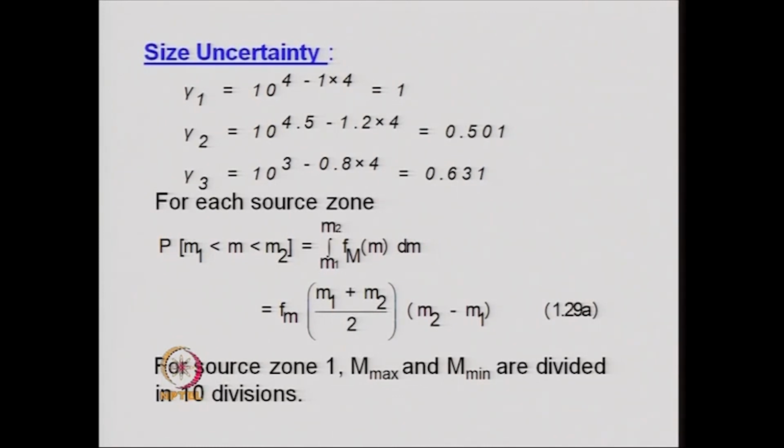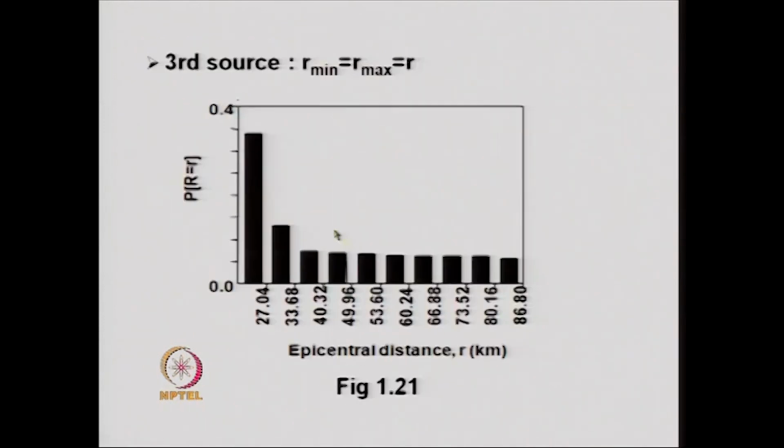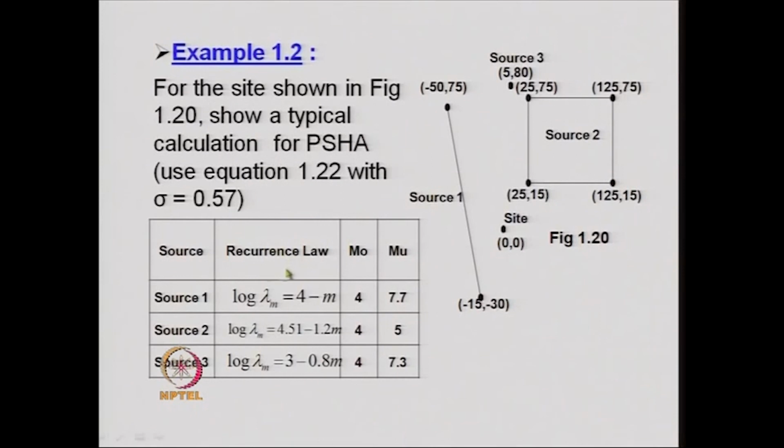The occurrence rate of the earthquake is given by this formula. So here we get the value of A as 4 and B is equal to 1.